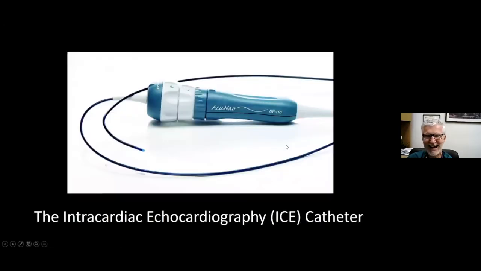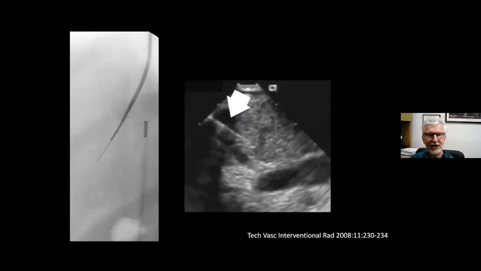They're going to use that ICE catheter that I talked to you about a minute ago, and they are going to use this ICE catheter to pass from the inferior vena cava, through the wall of the inferior vena cava, through this liver tissue, and into the right portal vein.